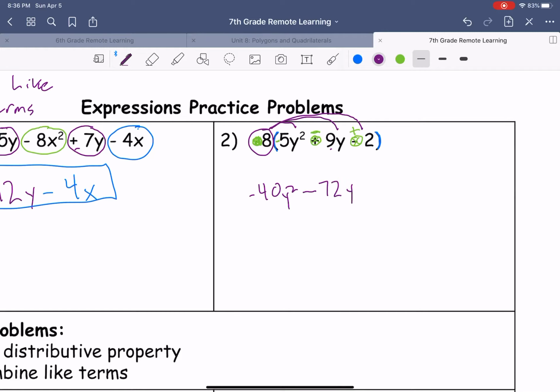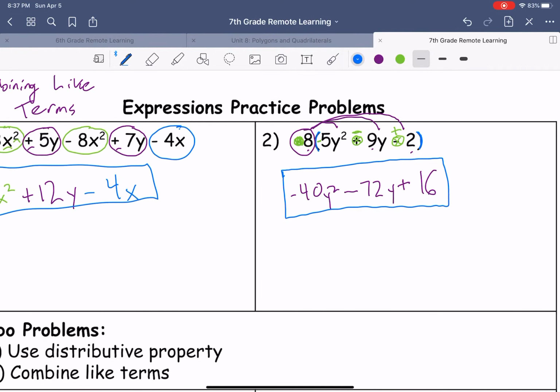And then we bring our plus down. And 8 times 2 is 16. And that is as far as we can go. We cannot combine anything else because these terms do not match. So we are done. Okay?